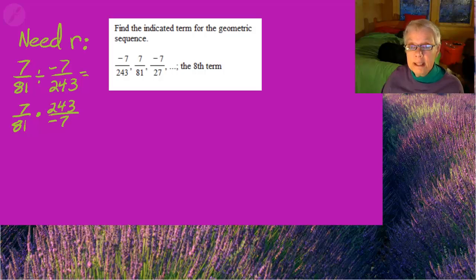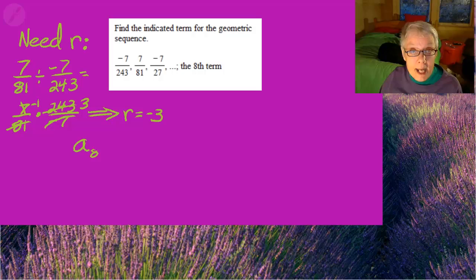And that will give us 7/81 times 243 over -7. 81 will go into 243 3 times. -7 goes into +7 -1 time. And so our ratio for such an ugly set of fractions is really just the number -3.